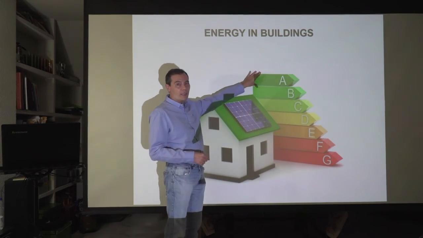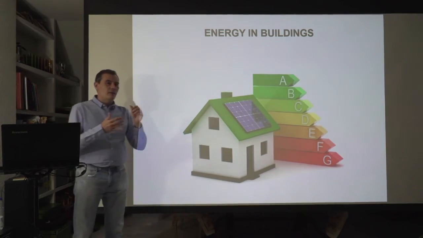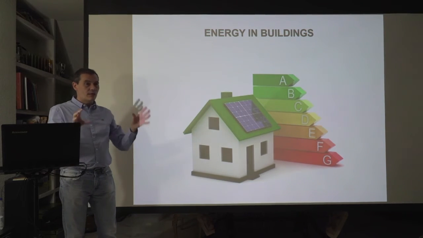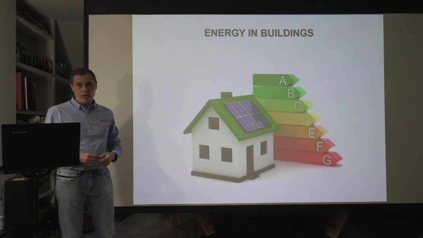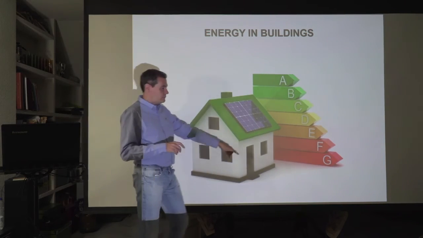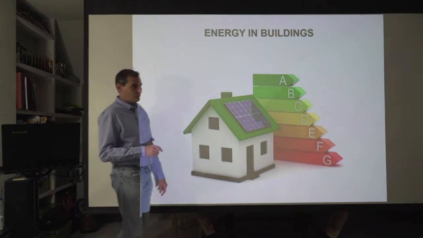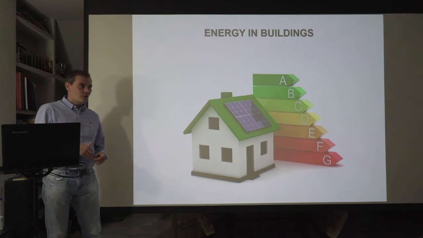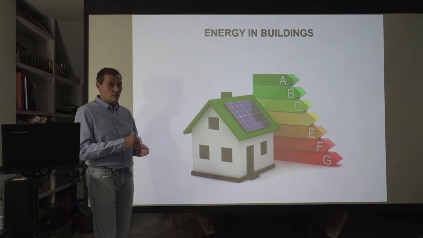You can have an A building. That means it's a building that doesn't require a lot of energy to run and doesn't emit CO2 or any other greenhouse gases. So it's a good building. If you are designing a G building, well, probably you will get paid, but you are not contributing to make this world a better place.